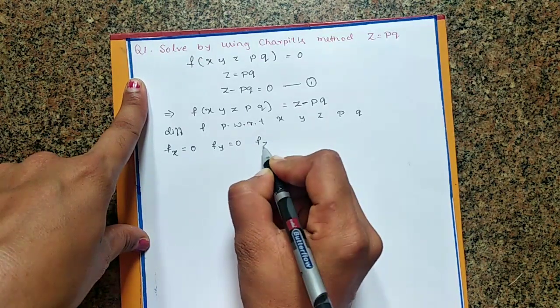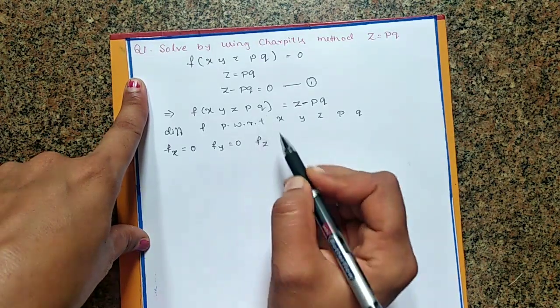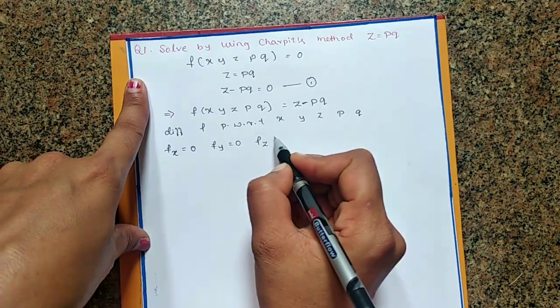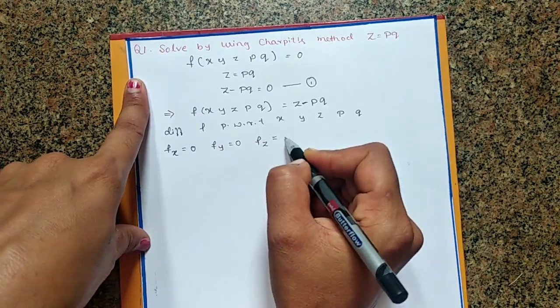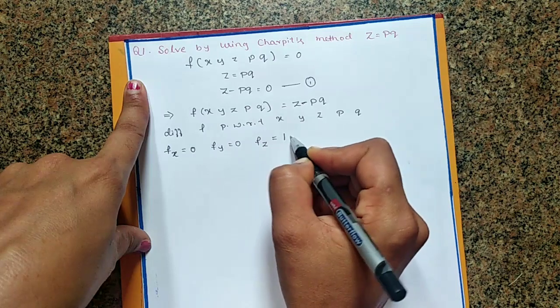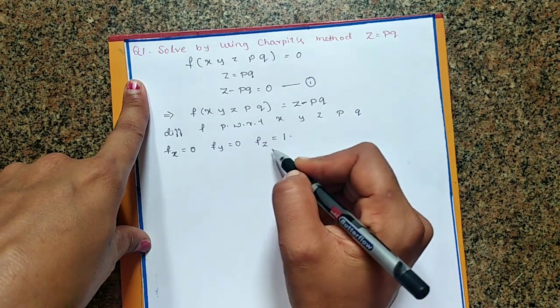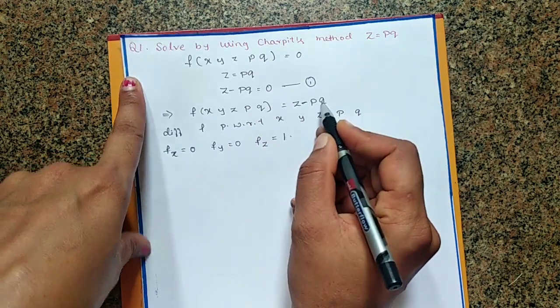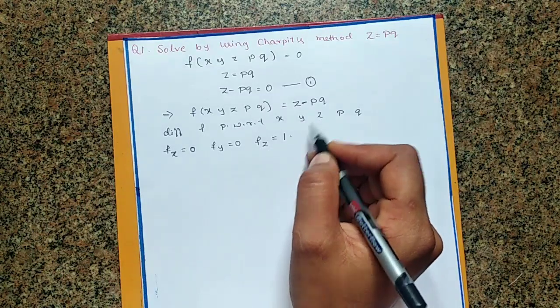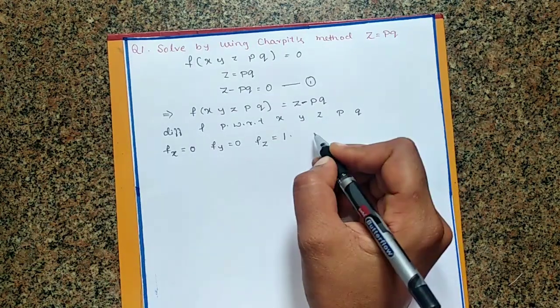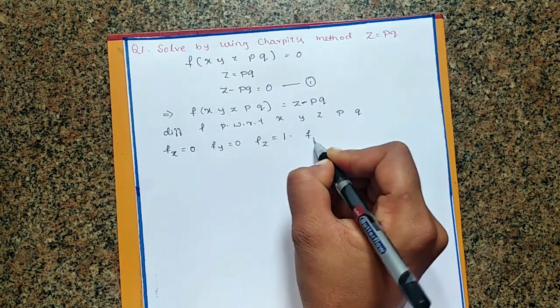Then we have to find fz, that is, differentiate f partially with respect to z. Differentiation of z with respect to z is 1, minus differentiation of pq, which is 0, since p and q are constant. Then we have to find fp.